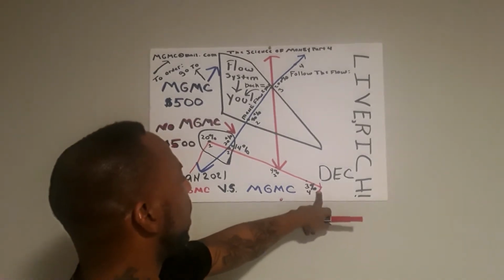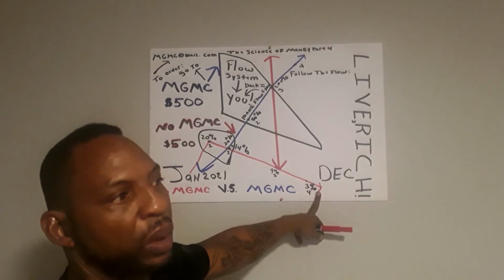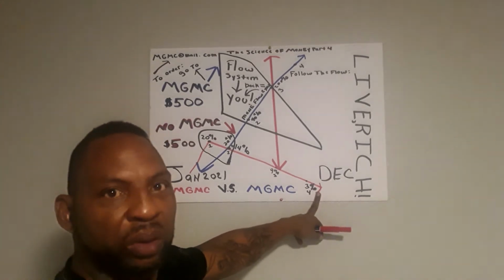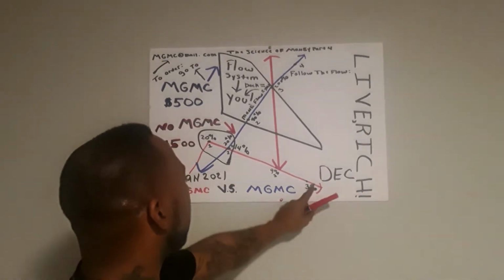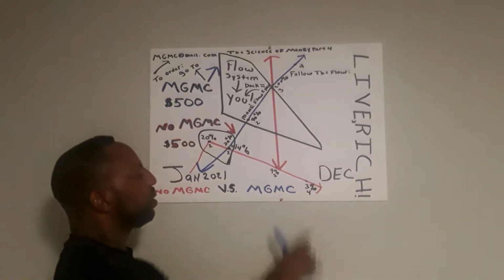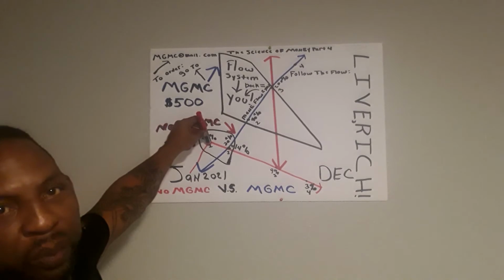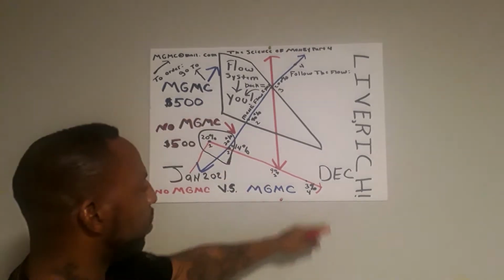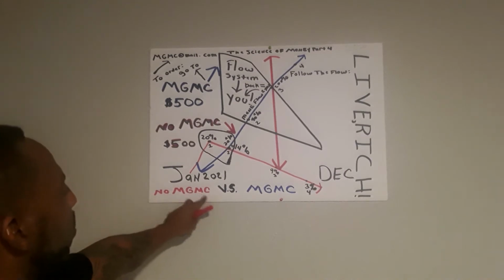You can see that if all things work well and we see another year in 2022, this person will be at 3%. They basically went from 20% operating capital down to 3% because no mgmc, right?